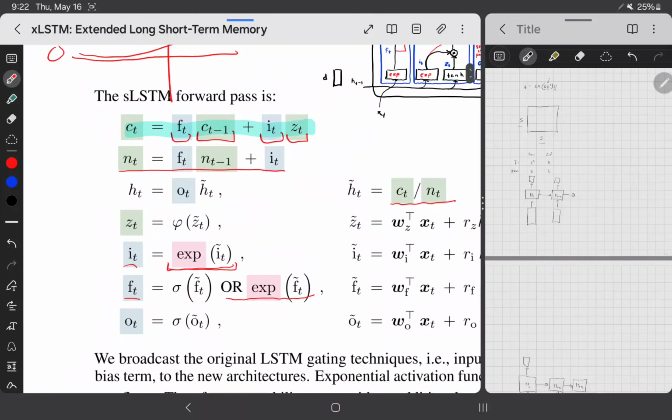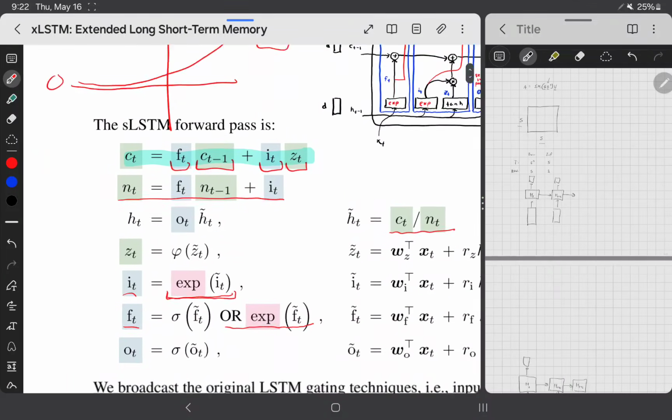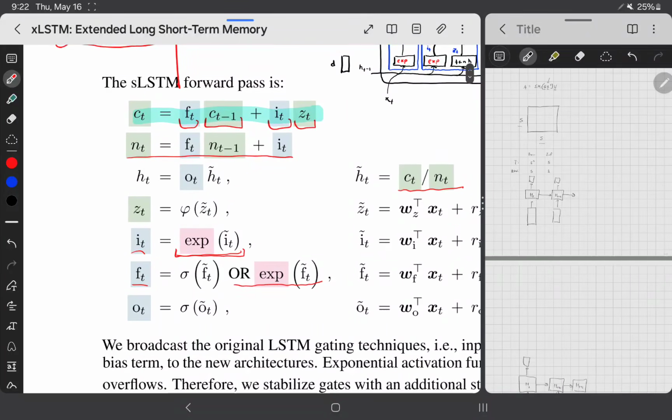That allows you to drastically keep information and store it at a massive value, or drastically delete information and make it go to 0. So rather than values just being between 0 and 1, you can either remove a value or keep it at a really high value.